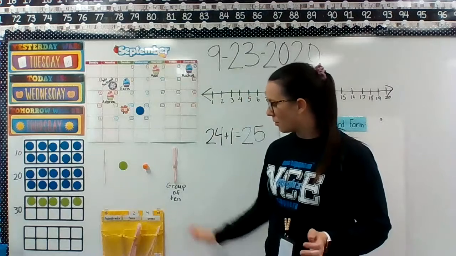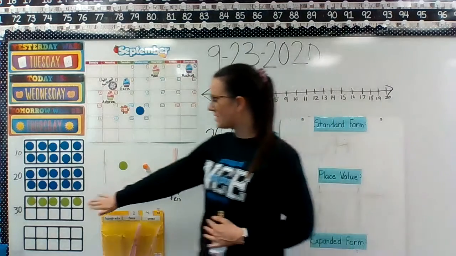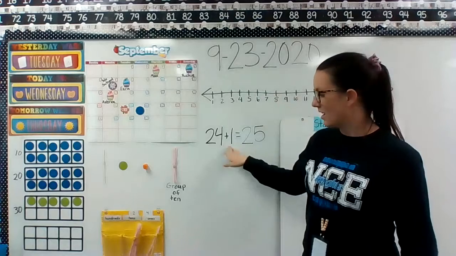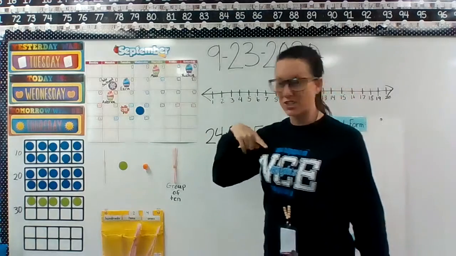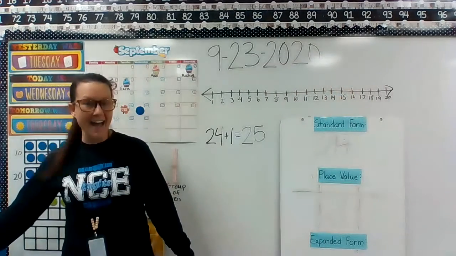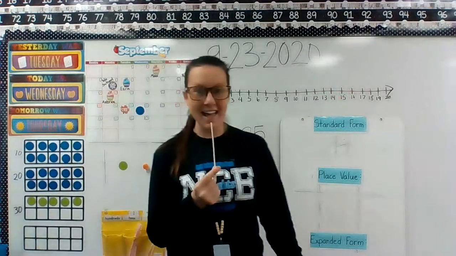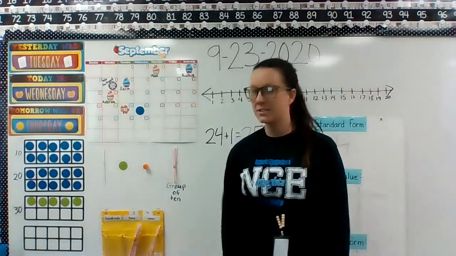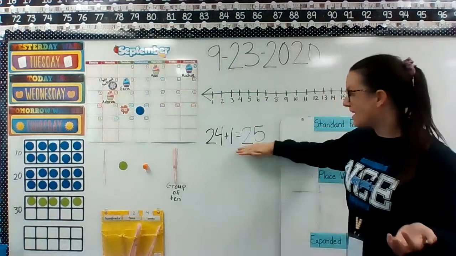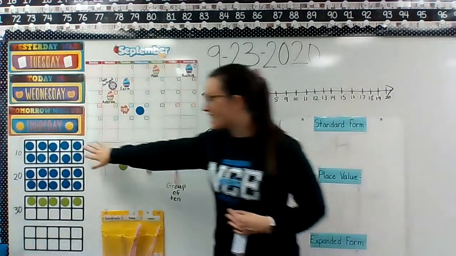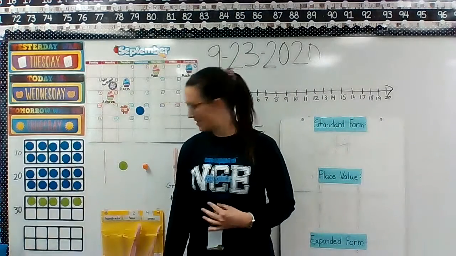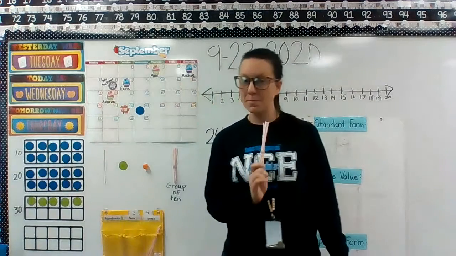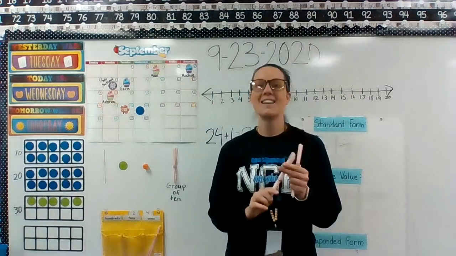So 24, but just like we did here, and just like we wrote in our equation, 24 was yesterday. So we need to add one more 1 to the ones place, right? So that should be 25, just like our 10 frames. Let's count it and make sure. Remember, this group of 10, the value is 10.